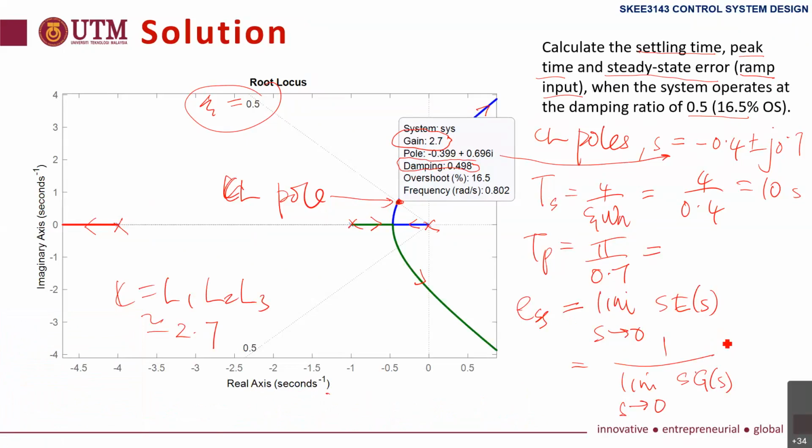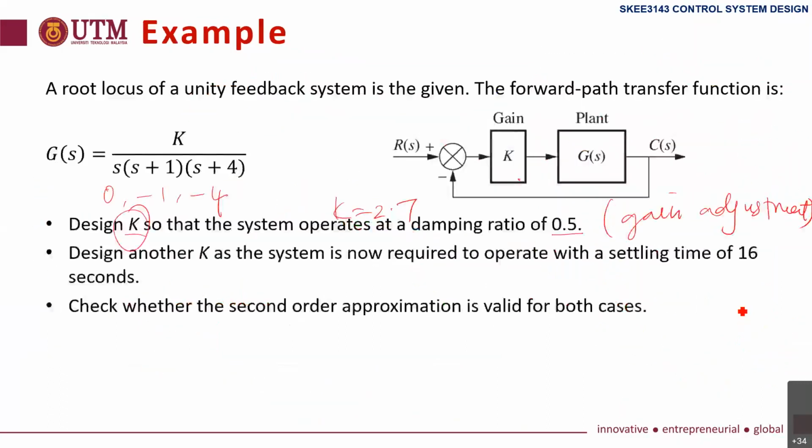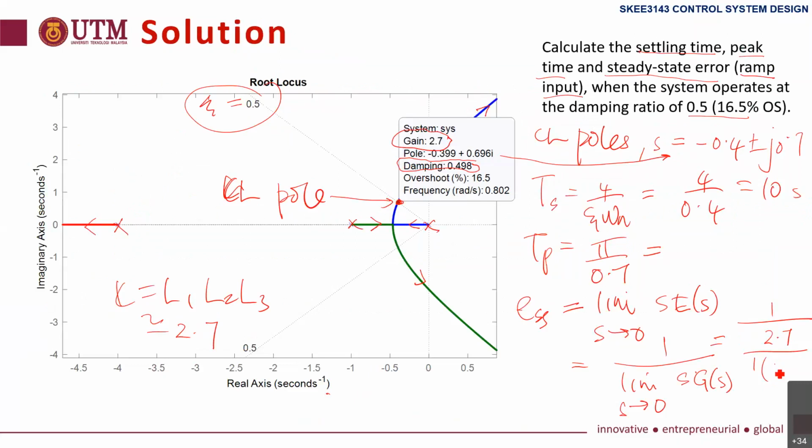You will find that this is equal to 1 over K over... K is 2.7, the pole is at 1 and 4.